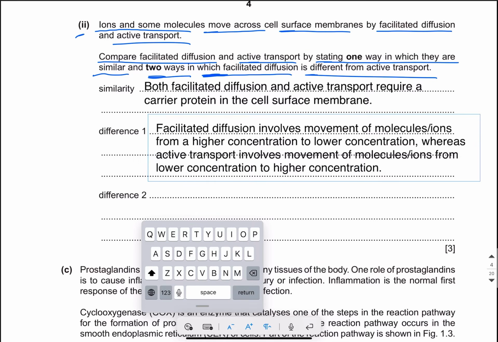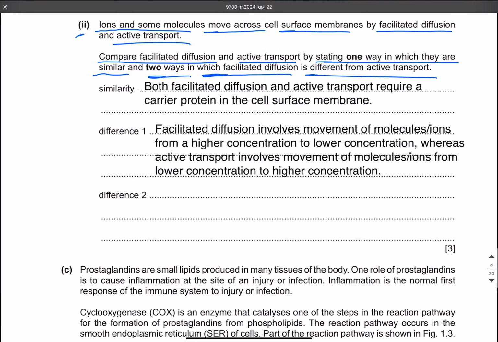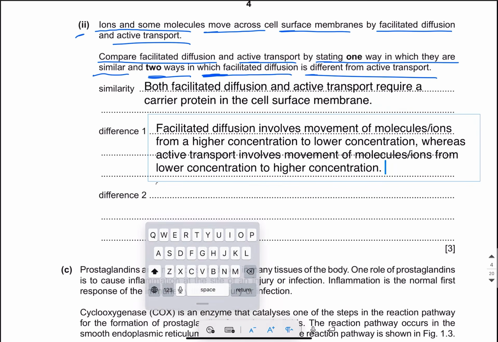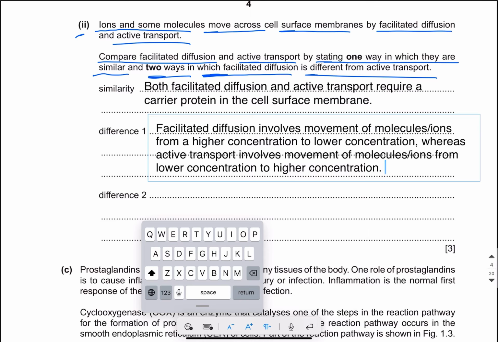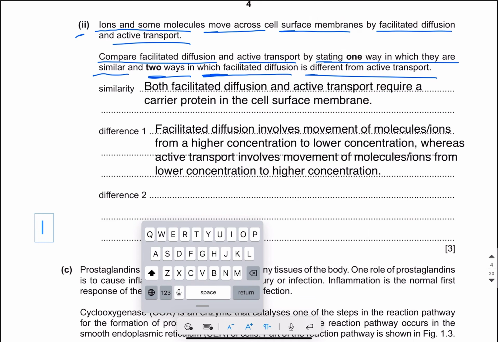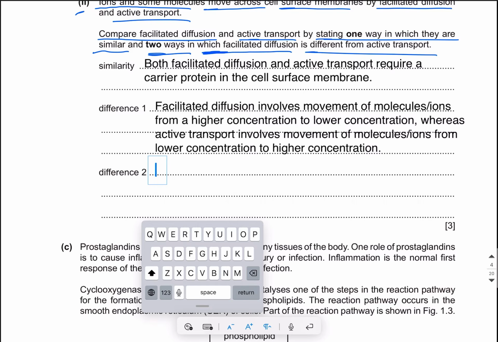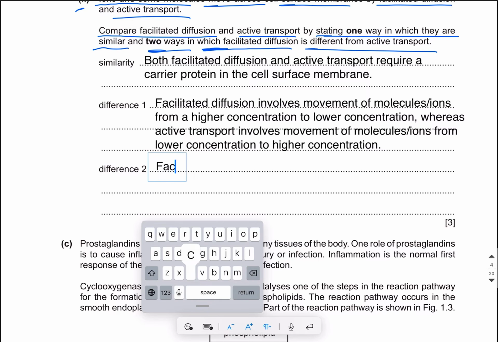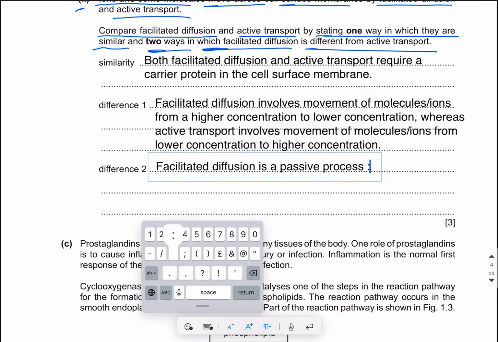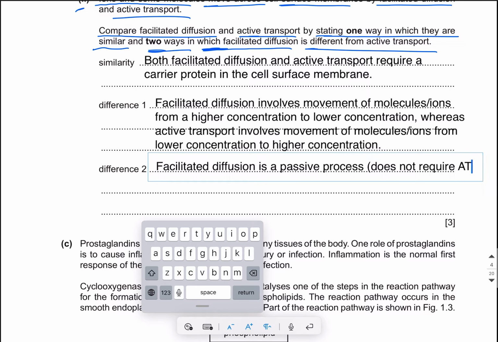All right. What is another difference? Another difference is that facilitated diffusion is passive, right? Facilitated diffusion is a passive process. It does not require ATP from respiration. So you can say facilitated diffusion is a passive process, does not require ATP, right?